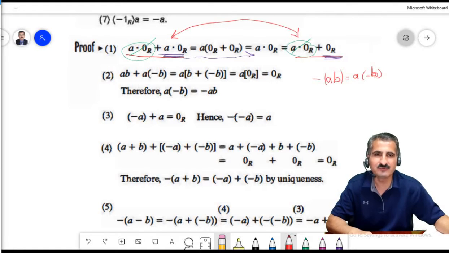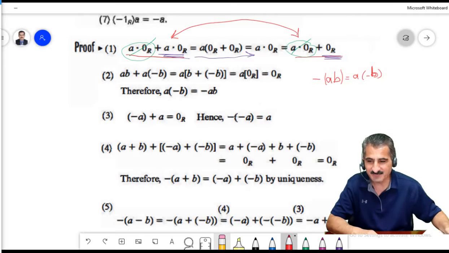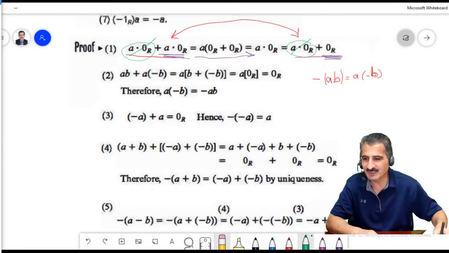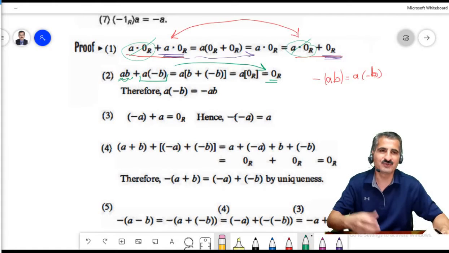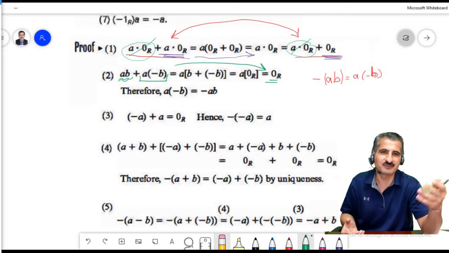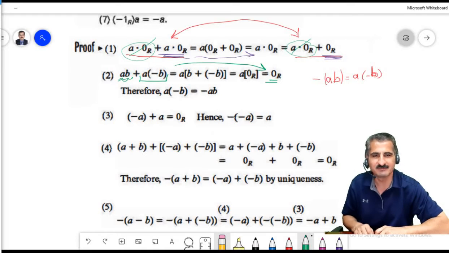I want to show that the inverse of ab is a times negative b, which means I want to show you that this is ab, right? Add to it this element, we get 0, from here to here. Correct? So ab added to some element, we get 0. So that some element is the inverse of ab. Correct? And we are done.